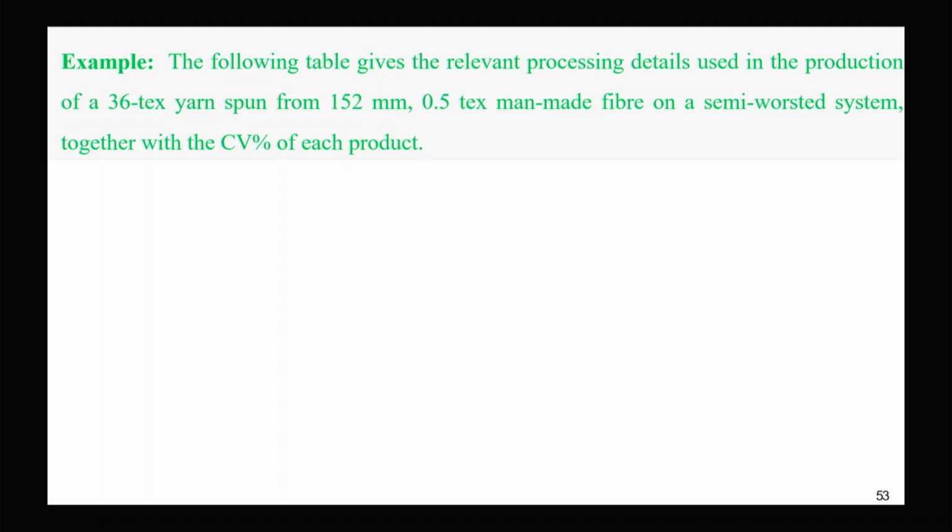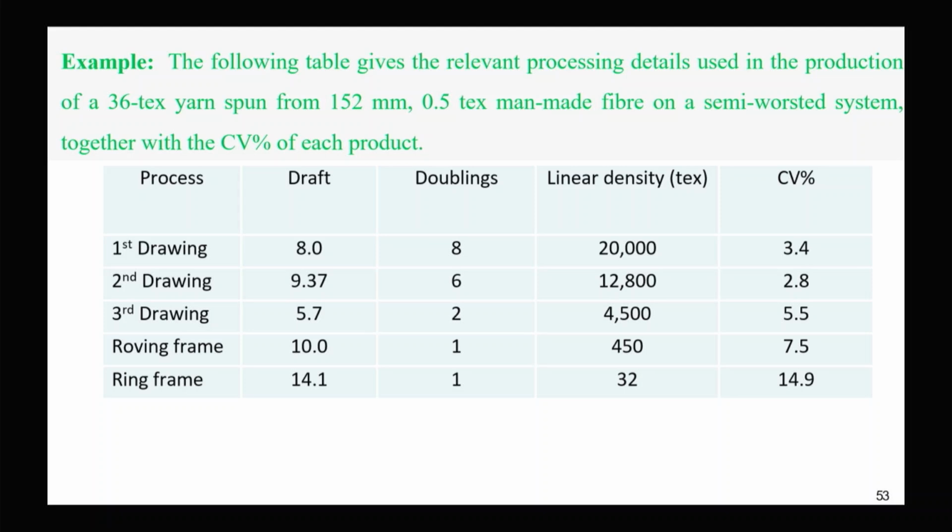Now there is a table given, which gives the relevant processing details used in the production of 36 tex yarn spun from 152 mm 0.5 tex man-made fiber. So length of fiber we don't take into consideration during this type of numerical when we are dealing with the CV % and the index of irregularity. So we only take into consideration the number of fibers in the cross section.